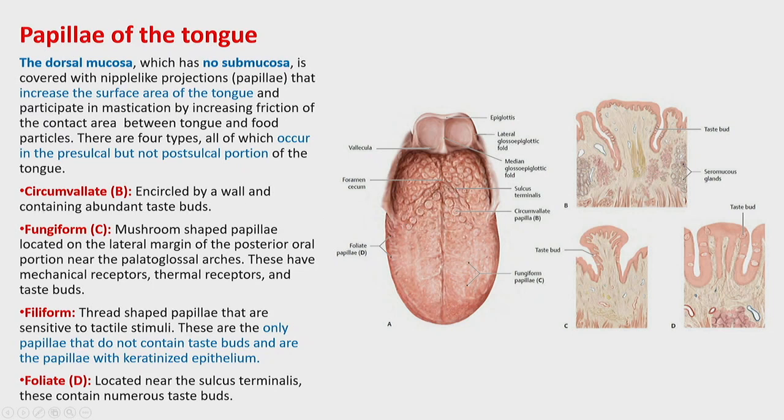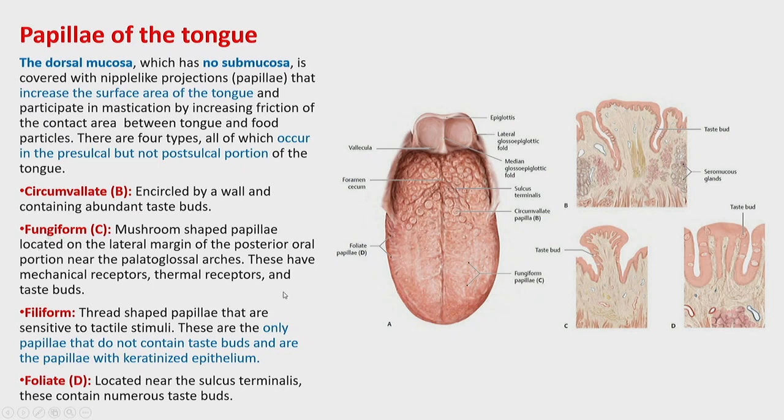It's called circumvallate, or sometimes vallate papilla. Here is the enlargement of this circumvallate papilla, and you can see that it has taste buds, so it is also responsible for the perception of taste, which we are going to discuss. The other one is the fungiform.